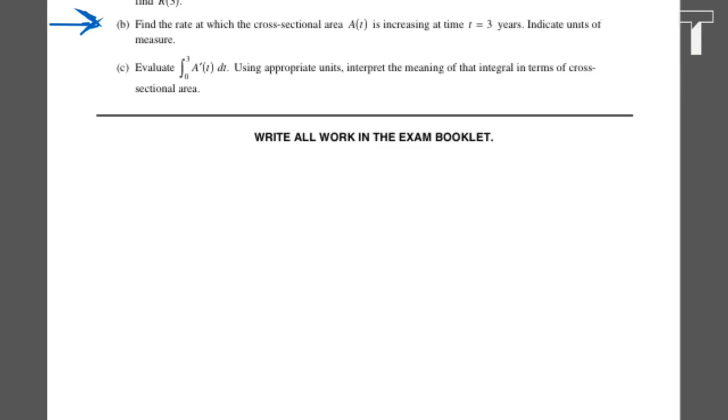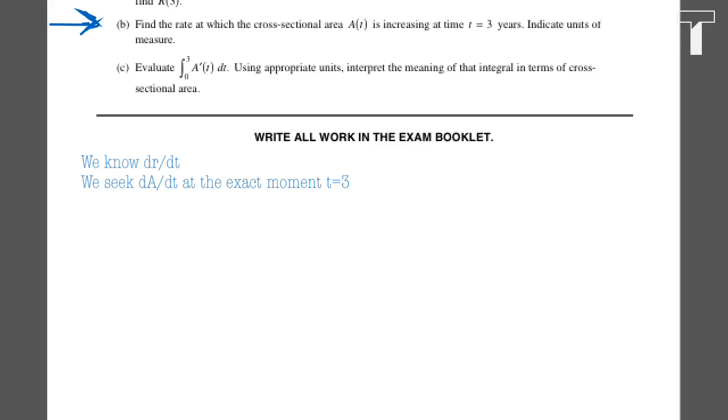And up in the top of the problem, we've been told that that area is circular. So we know dr/dt, that was given, and we seek what we're going to call dA/dt, the rate of change of the area of the cross-section of the tree trunk. And we want that rate of change at the exact moment when time equals 3 years.